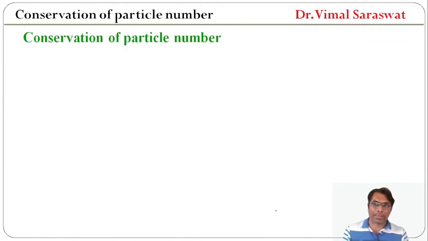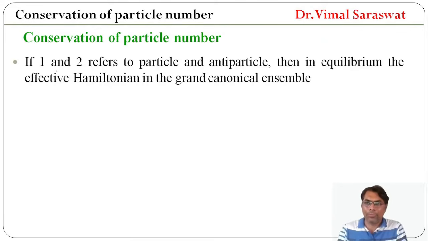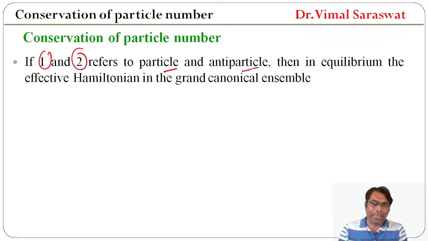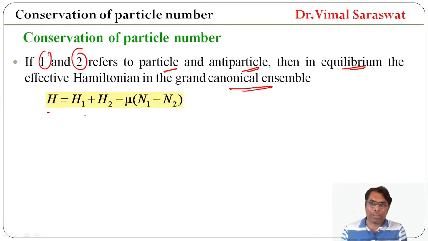Now next topic is conservation of particle number. If 1 and 2 refer to particle and antiparticle, then in equilibrium the effective Hamiltonian in the grand canonical ensemble is given by H equal to H1 plus H2 minus mu (N1 minus N2). Here 1 stands for particle and 2 stands for antiparticle.